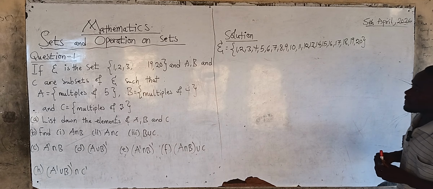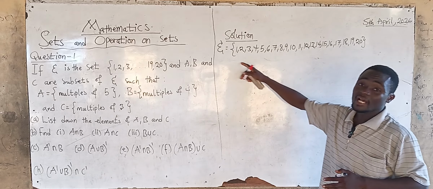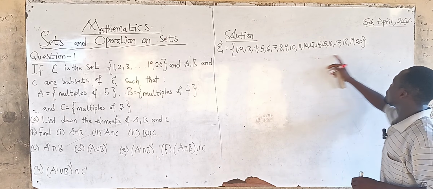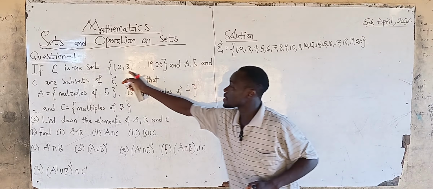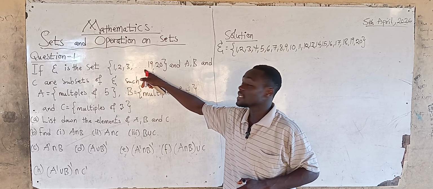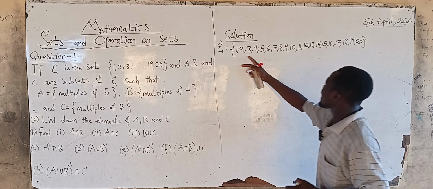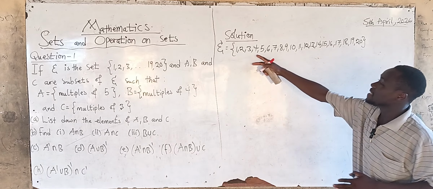Are you with me? Very good. So the set E becomes the mother set, which has the elements 1 through to 20, as it was stated here. The three dots here indicate that there are more elements.